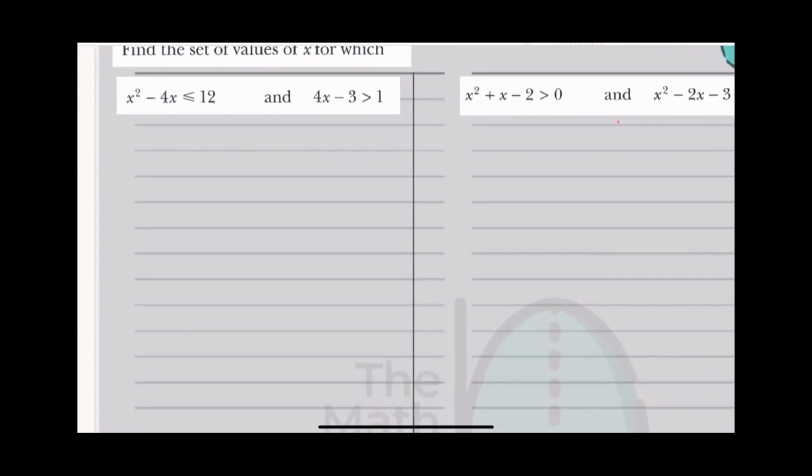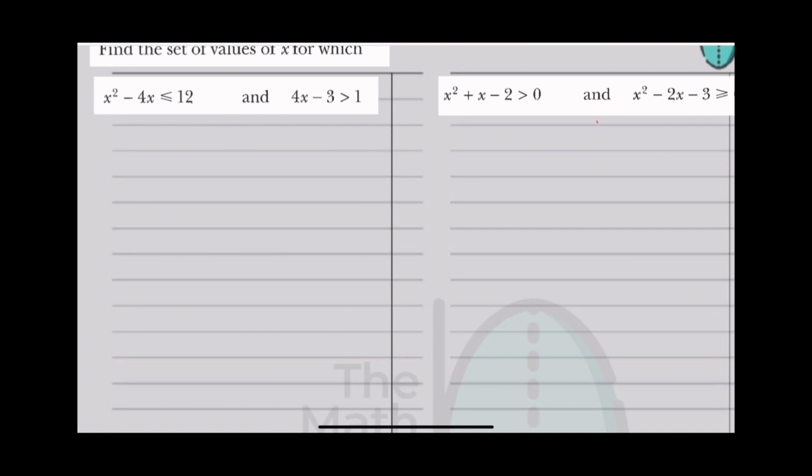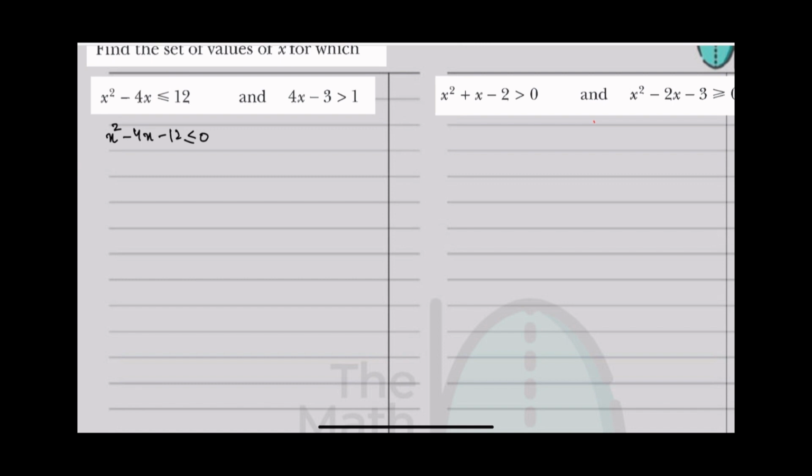So first step, you solve both of them separately. So x squared minus 4x minus 12 is less than or equal to 0, and I straight away use my calculator for solving it, but you can use many other methods.